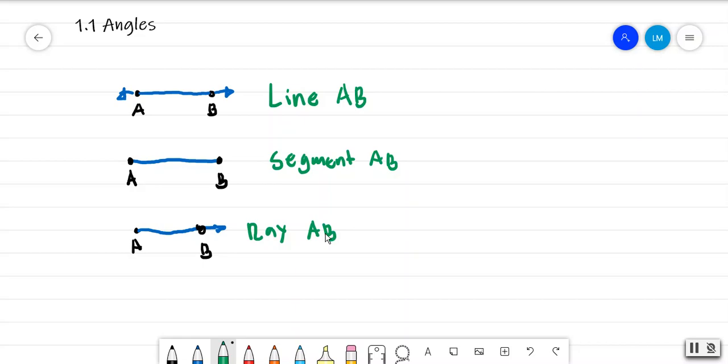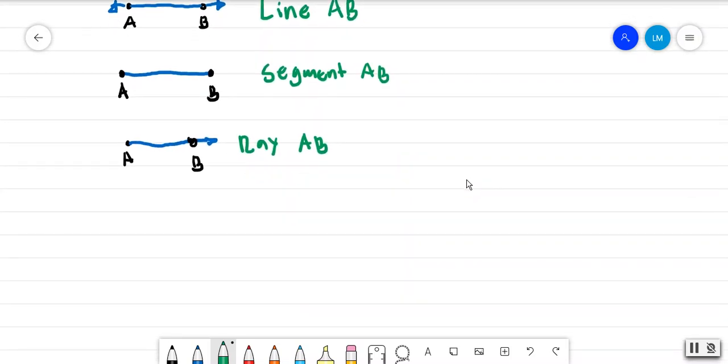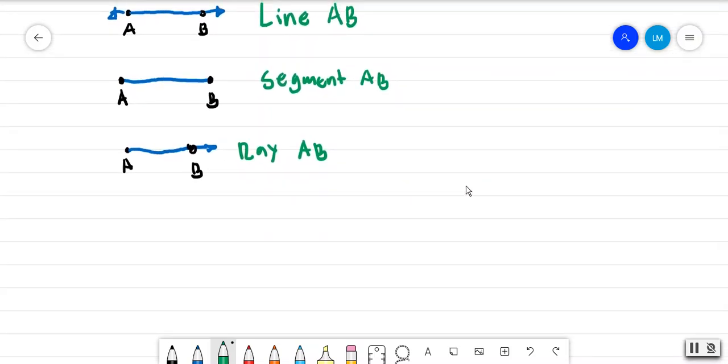Now, what we're going to look at is two rays. Let's say that we have our ray and it points in this direction, and then let's say that we have another ray like that.